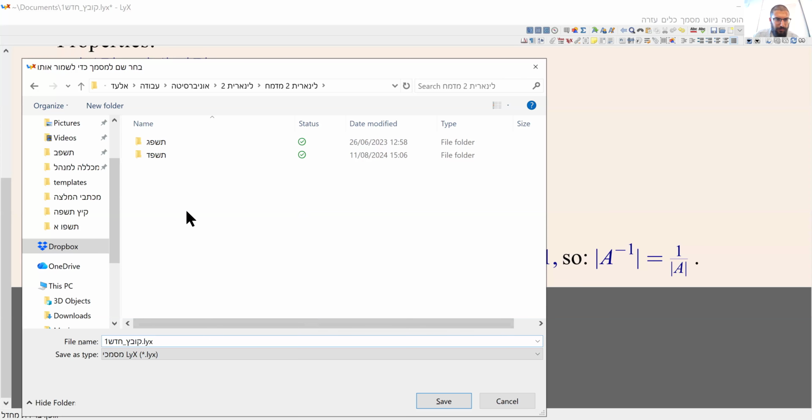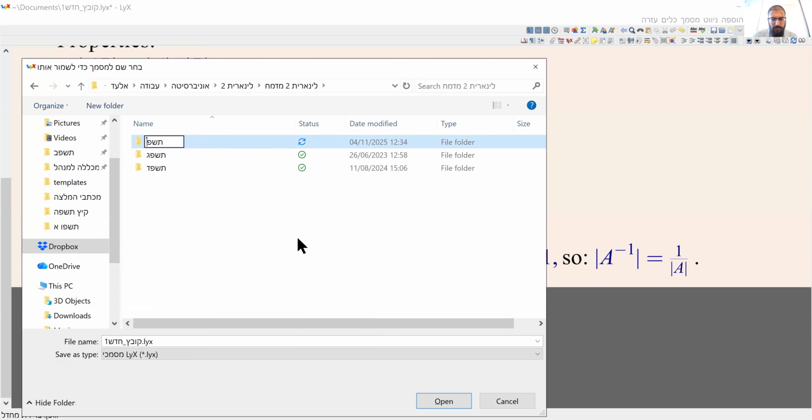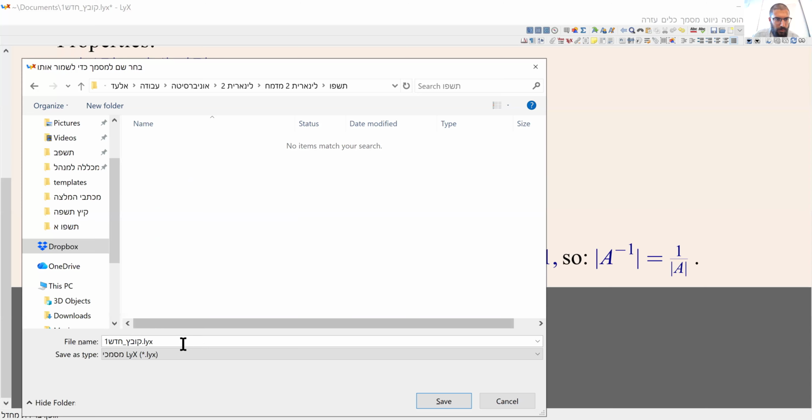Now let's save it. New file name, folder. It is Tafshin Peivav, current year. And let's call it linear algebra, lecture 2. Now let's full name. Algebra 2, lecture 2.